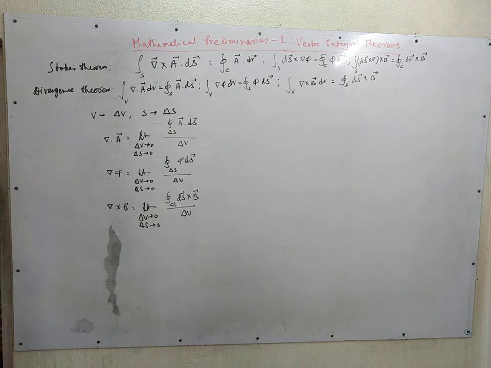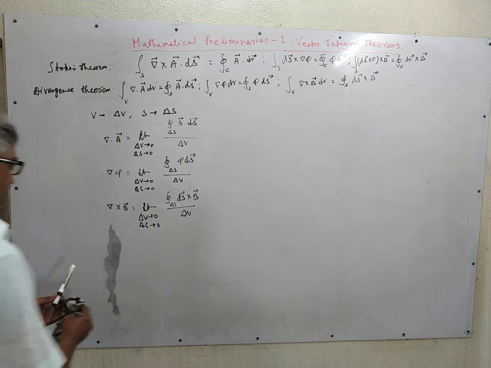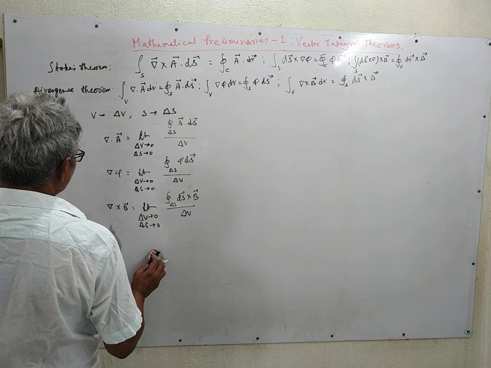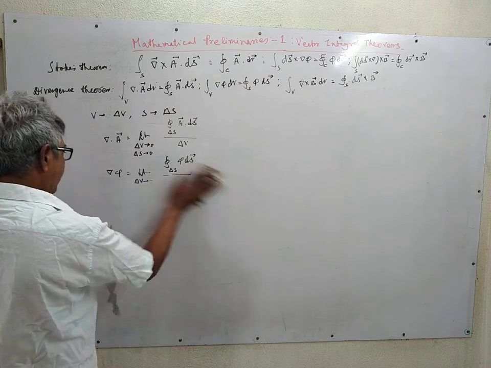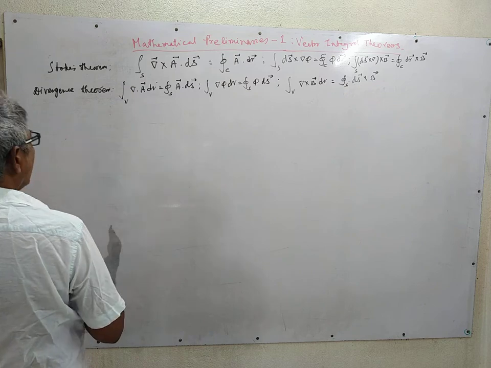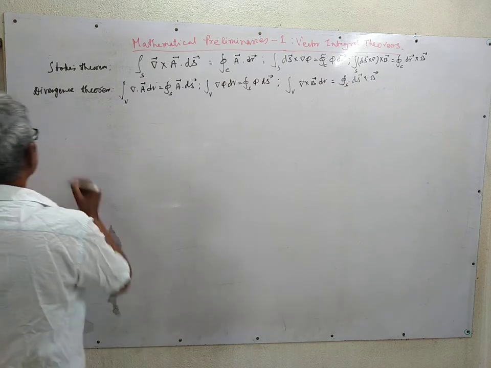There are two other forms of the divergence theorem, which are found to be very helpful in different branches of physics. They are called the Green's identities.